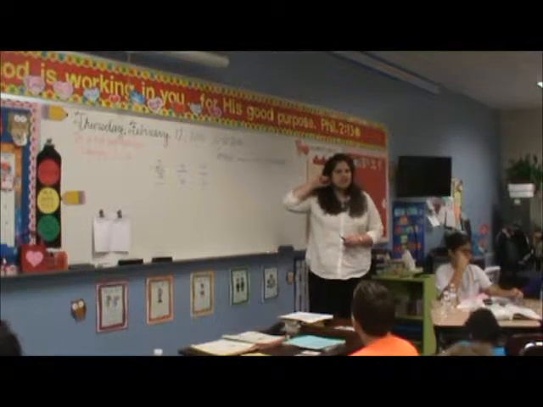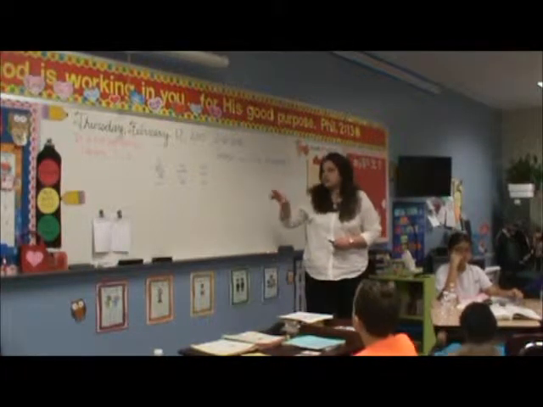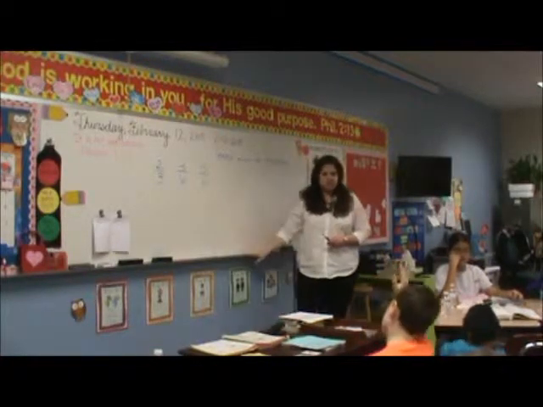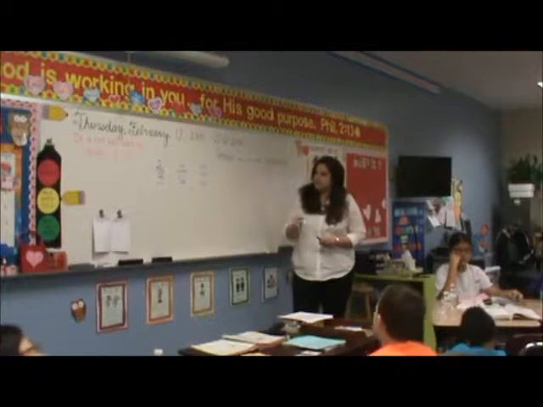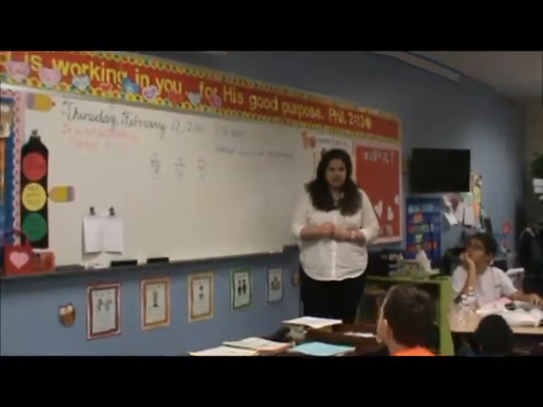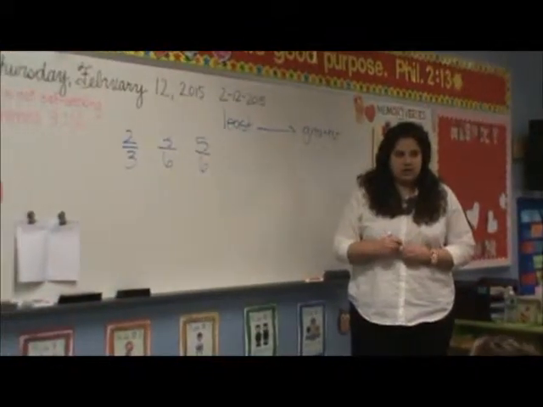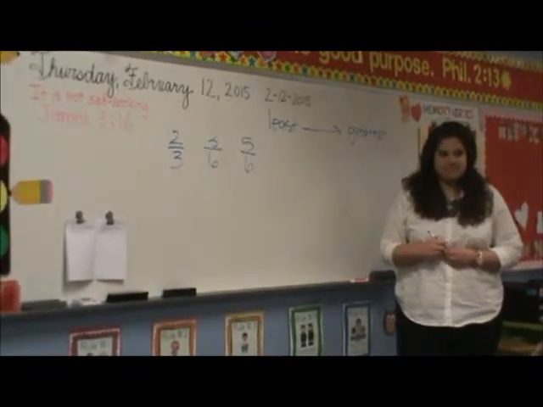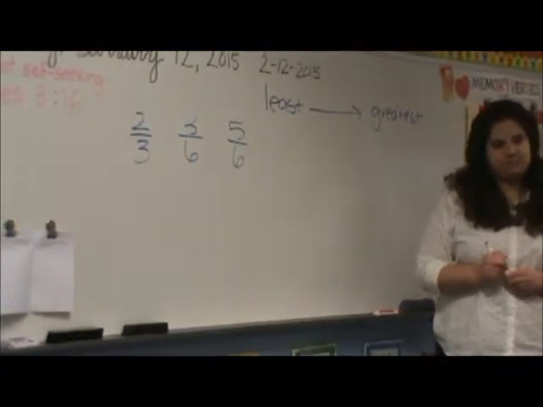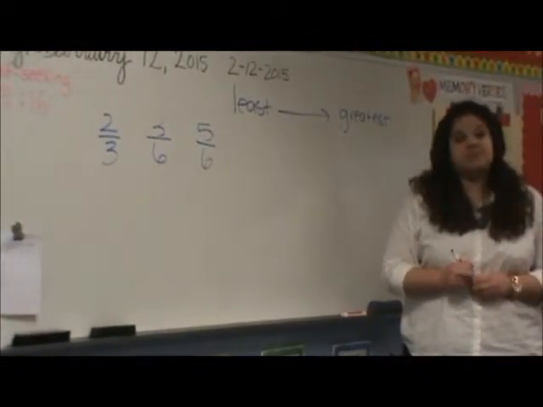Do I have anything similar with some of my fractions? Vincent, what's similar with two of my fractions? Look at the bottom numbers. 3 out of 6 and 5 out of 6.